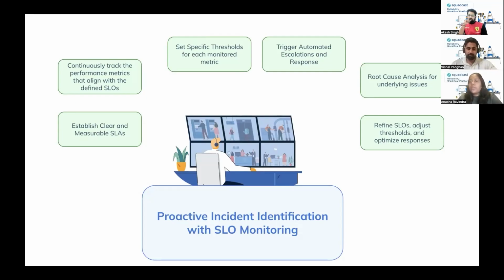So, in addition to what we discussed, right, thresholds also provide context to detected deviations. Incident responders can quickly assess the severity of a situation based on how far the metric has deviated from the set threshold. So this context also helps in prioritizing the incident response efforts that are needed. SLO thresholds also allow incident responders to differentiate between minor fluctuations and genuine incidents.